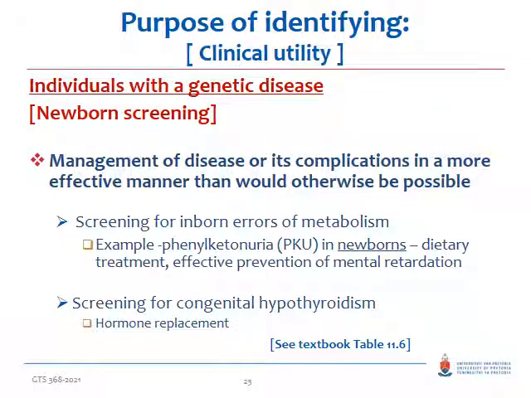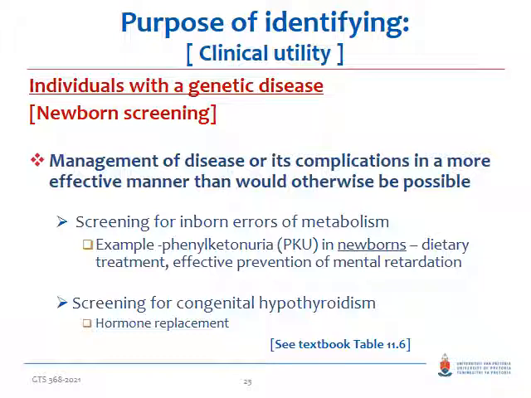However, in certain conditions, making a diagnosis in the newborn period is of utmost importance, and early treatment will alter the course of the disease. Therefore, a newborn screening program should be implemented for these conditions.